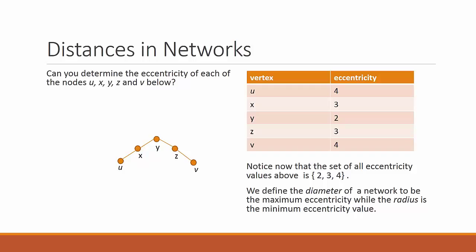In our example, the eccentricity values are 2, 3, and 4. The maximum value of this set of eccentricity values is called the diameter of the graph, or the network, and the minimum value of this set is the radius. So our network has diameter 4 and radius 2.